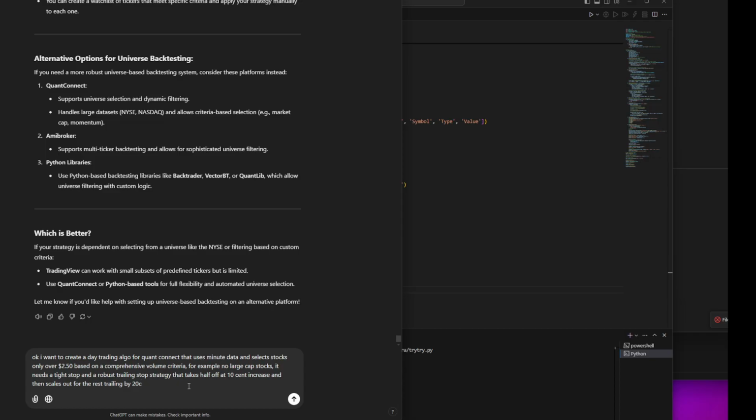I know some moves can be bigger than that, but that should be big enough, I think, for the general case. So trail the rest by 20 cents. Scaling out could mean it could take another quarter and then another.